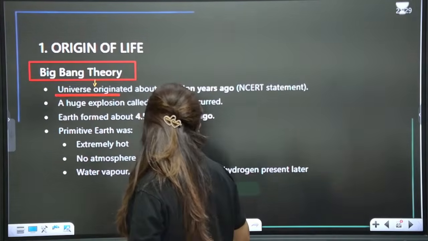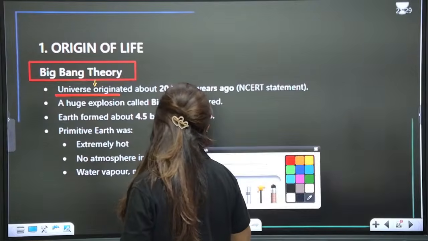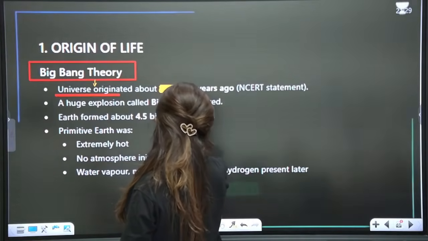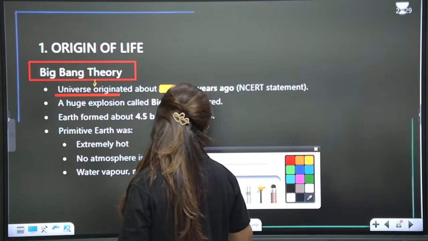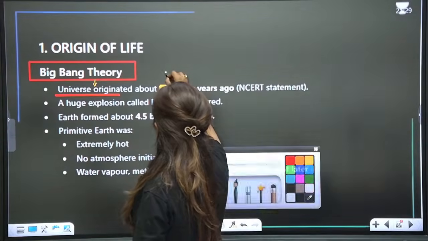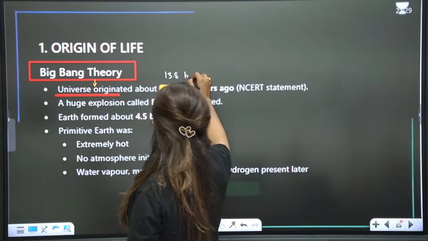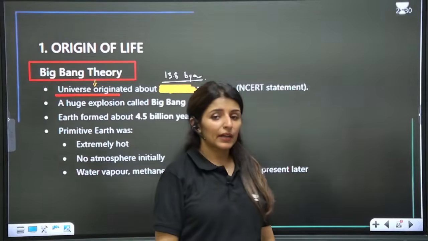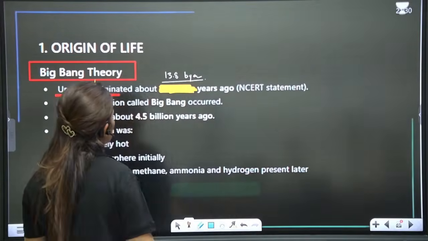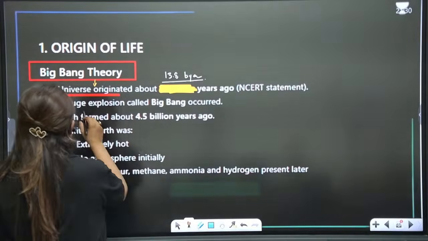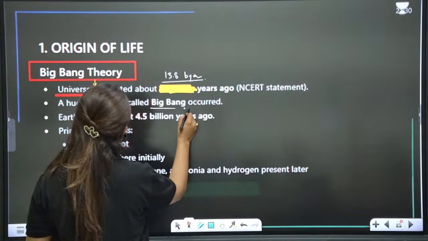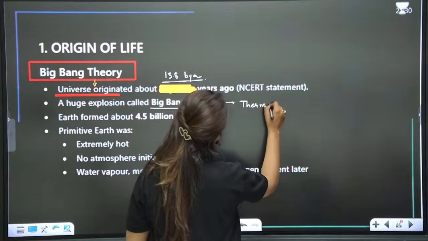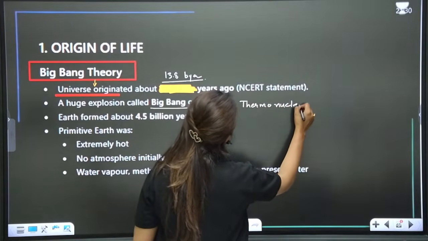According to the Big Bang theory, guys, please note down that according to new NCERT, it is 13.8 billion years ago. So 13.8 billion years ago, we had our origin. Then a huge explosion, the Big Bang, occurred, and this Big Bang was a thermonuclear explosion.